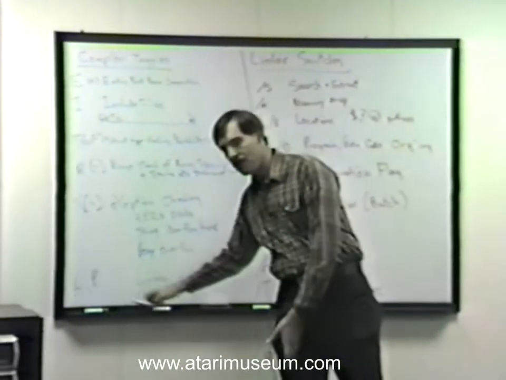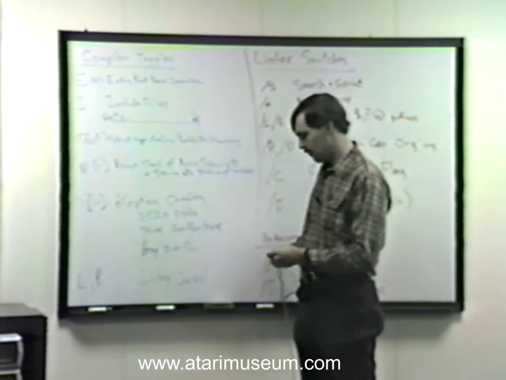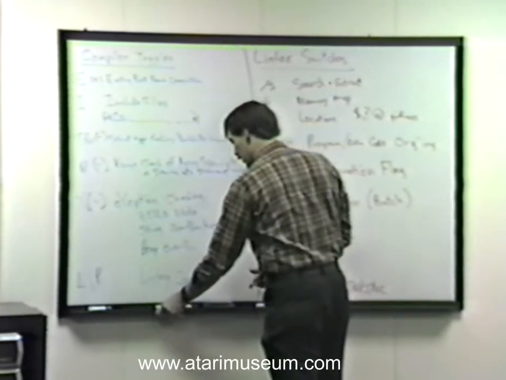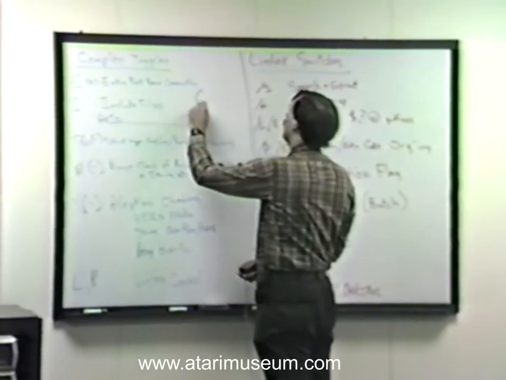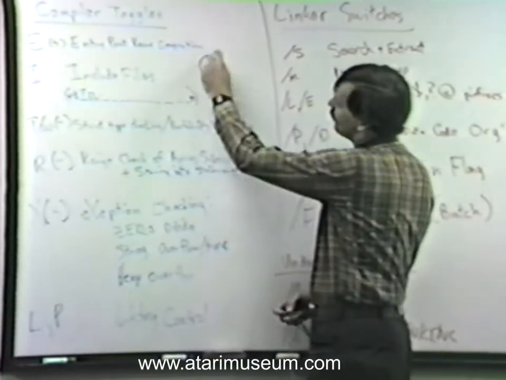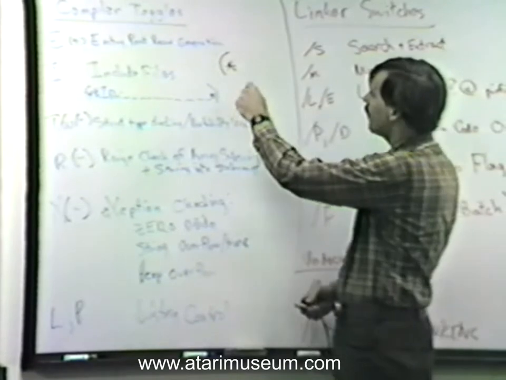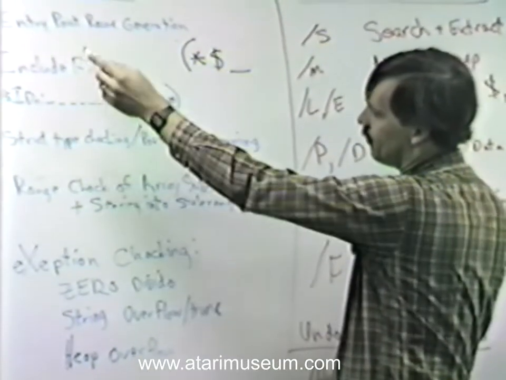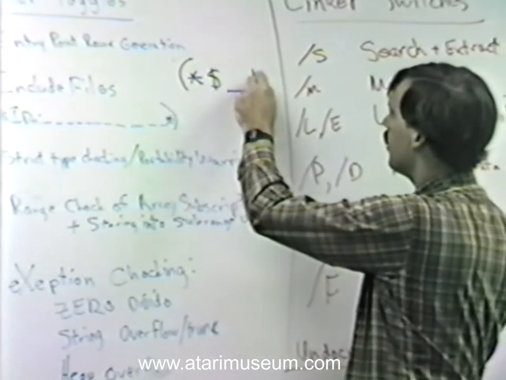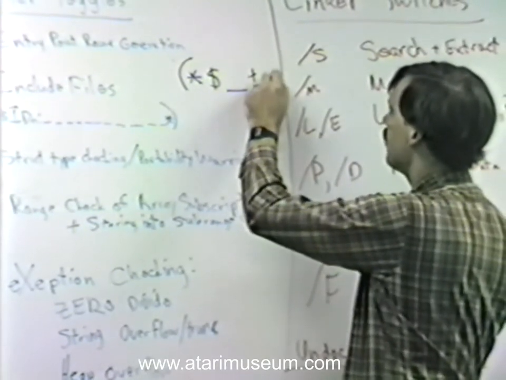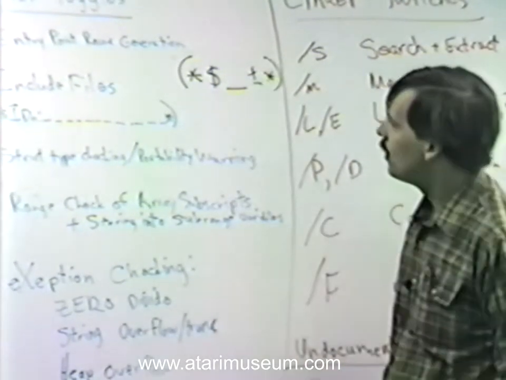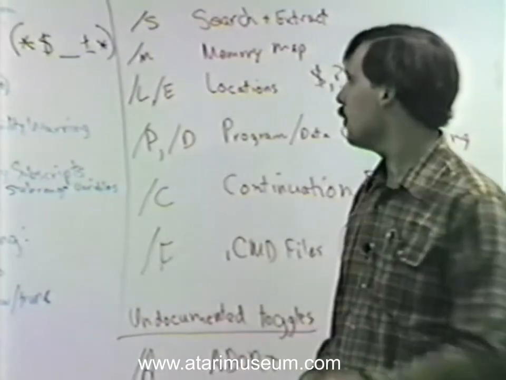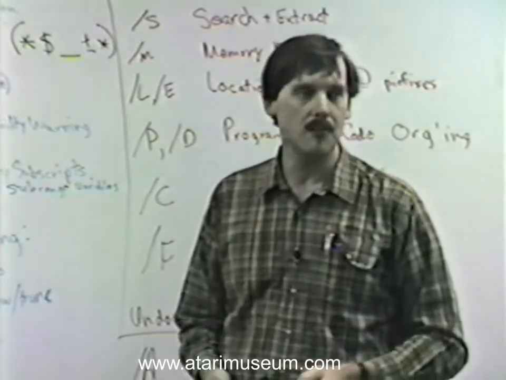The general form of any toggle, let me use a different color here, is bracket star, $, the letter of the toggle, and then either a plus or a minus, close comment. The plus to signify whether you want that particular toggle on, the minus to turn it off.